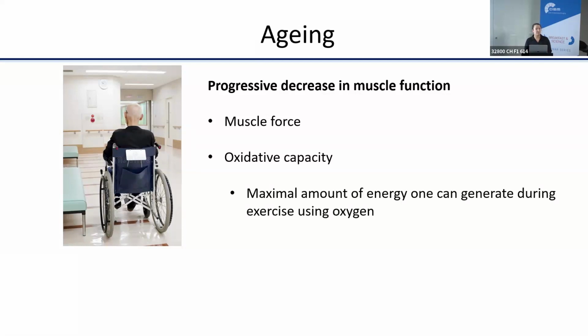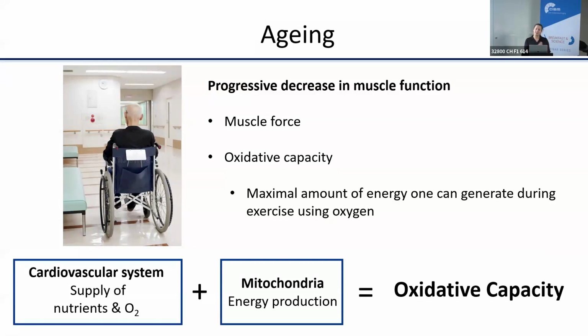And oxidative capacity is the maximum amount of energy one can generate during and after exercise using oxygen. And if you would divide that in 2 very broad systems contributing to the oxidative capacity, you will end up with the cardiovascular system, so the cardiac muscle, the lungs, and also the major vessels and the microvasculature running towards the muscle.